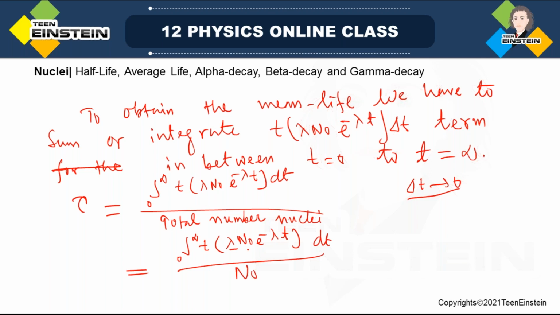Lambda and n0 are constant terms, so you can take lambda out of the integration. The integration is now the integration of t e to the power minus lambda t into dt.